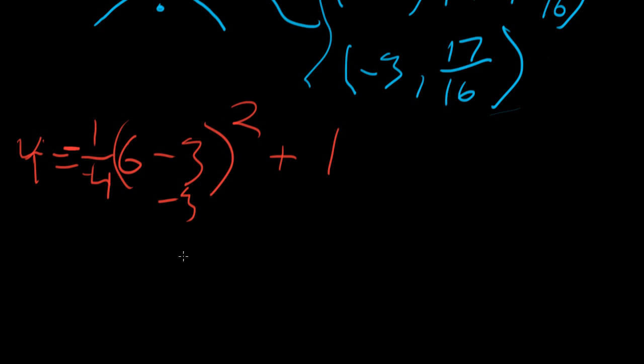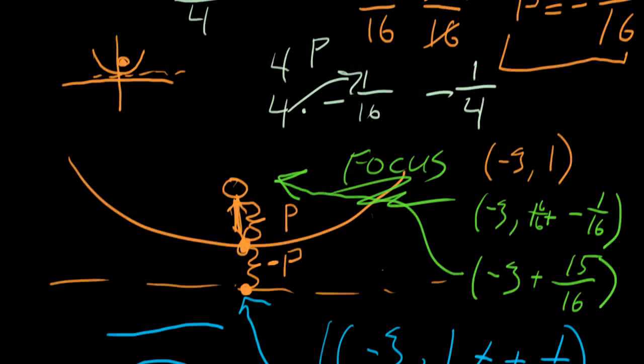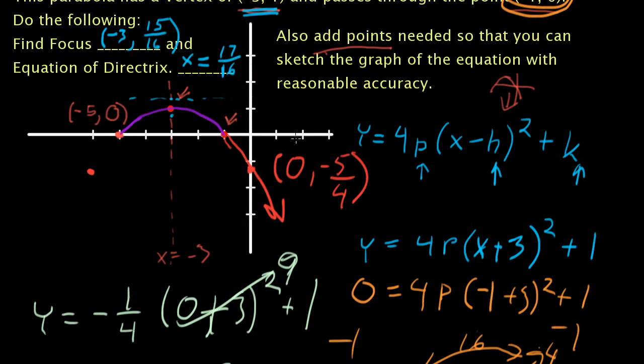That squares out to my same negative 9/4 plus 1, which the answer is the same as what I had up above. So, yes, that point is on my parabola, and that is a reasonably accurate sketch. It's the important thing. Sketch.